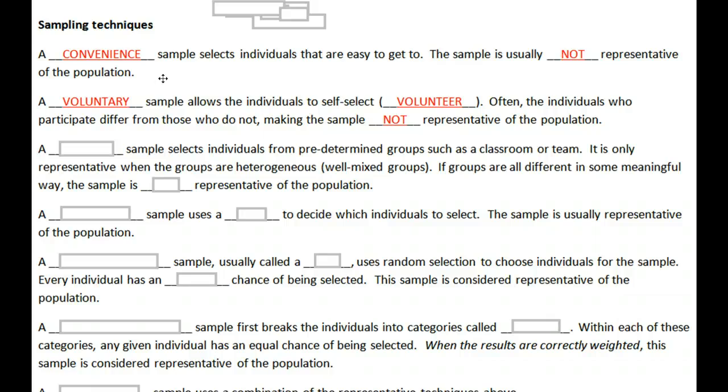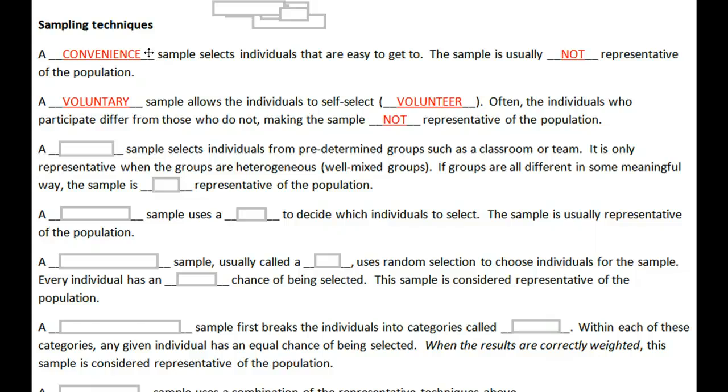Now, the problem with both convenience and voluntary surveys is that it's not specific about getting a good cross-section, a good random sampling of all people that you might be interested in knowing something about.